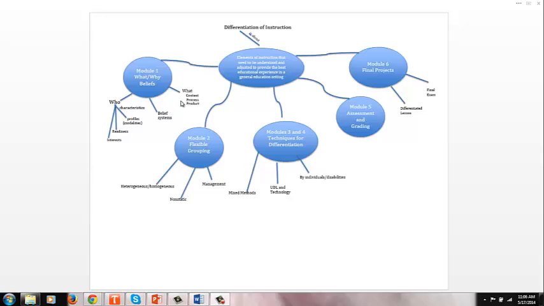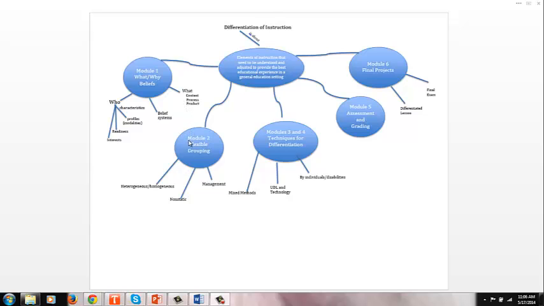And then finally, the what of differentiation has got to do with differentiating the content of what is taught, the process, how it is taught, and the product, how the student expresses what they've learned and the mastery of content. And that can be done in a variety of ways.